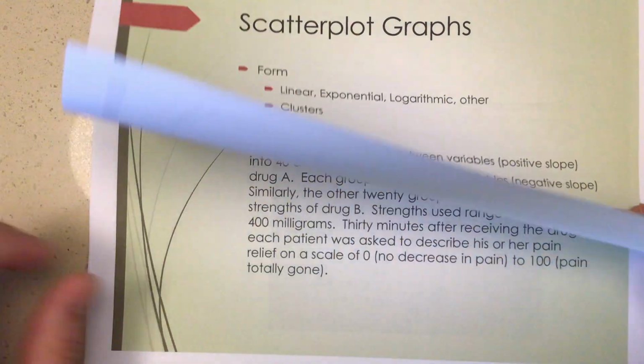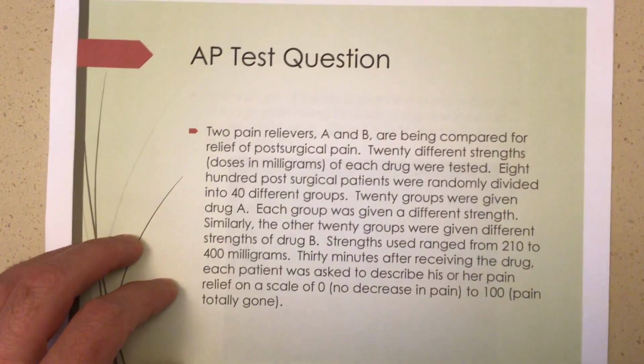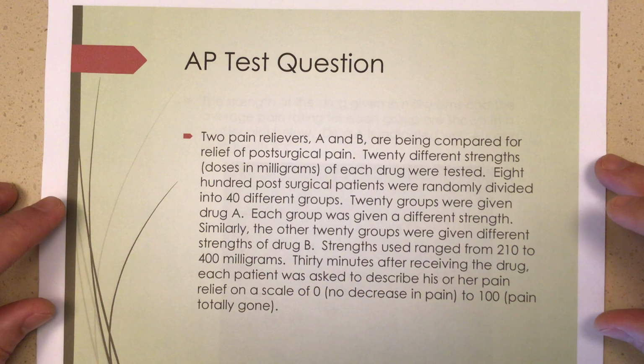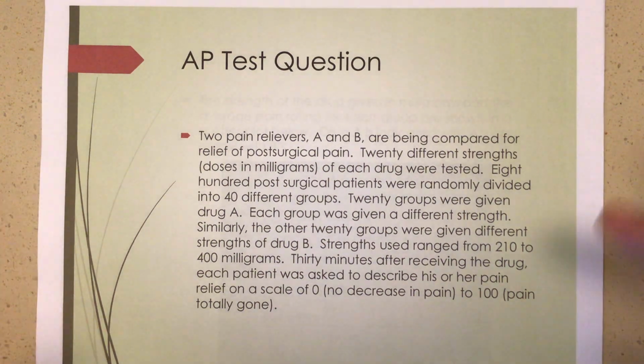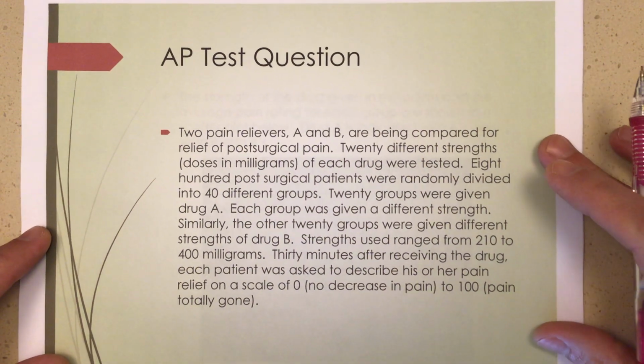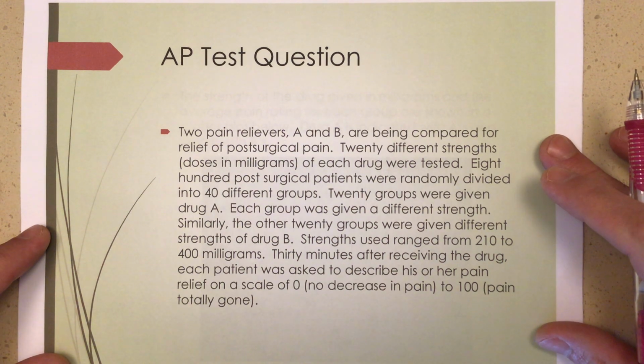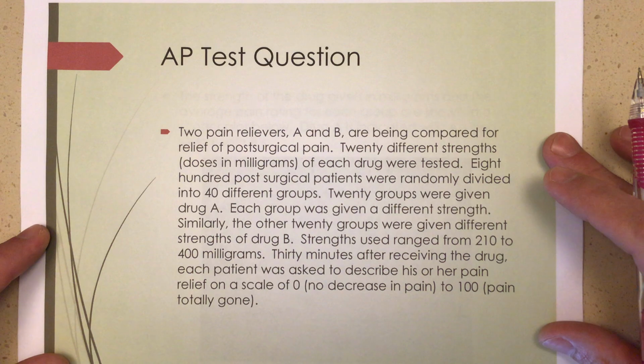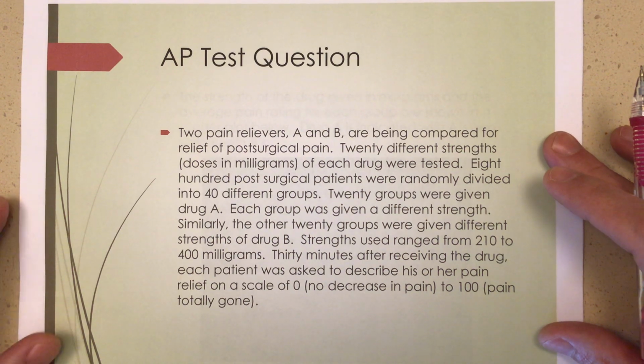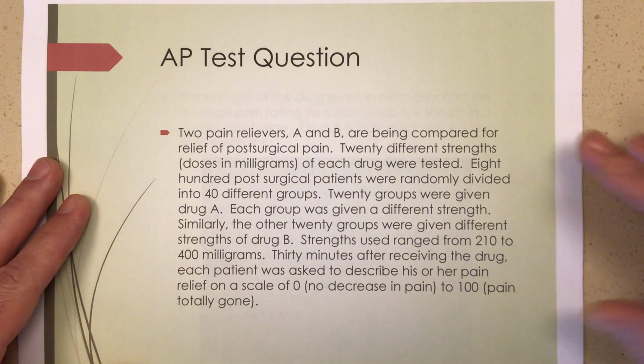Okay. So, moving on. Here is a question from an AP test that's been released. So go ahead, pause the video here and read the question. All right, so after you've read the question, some important things to note.